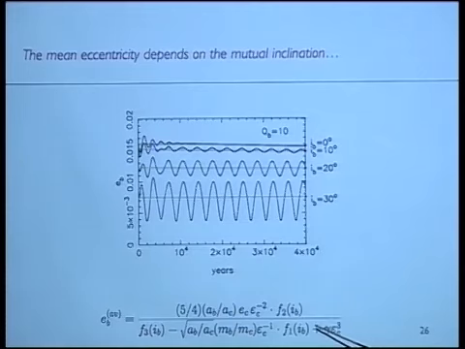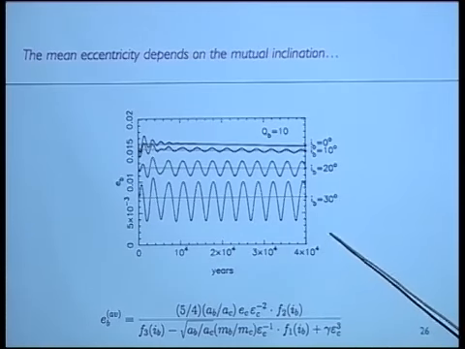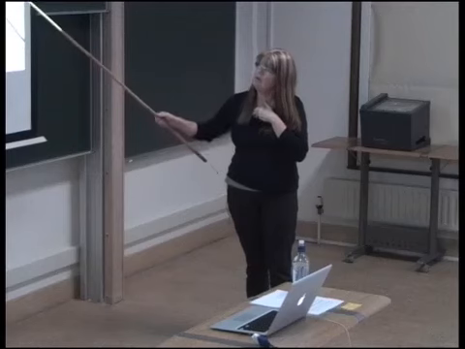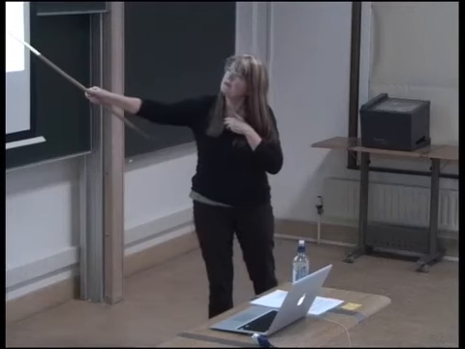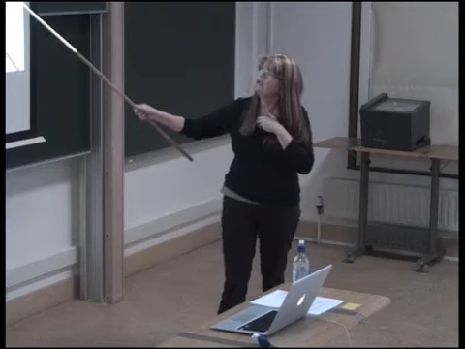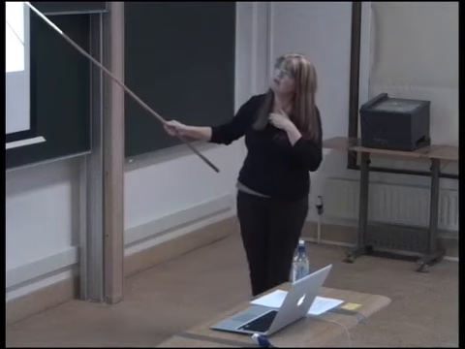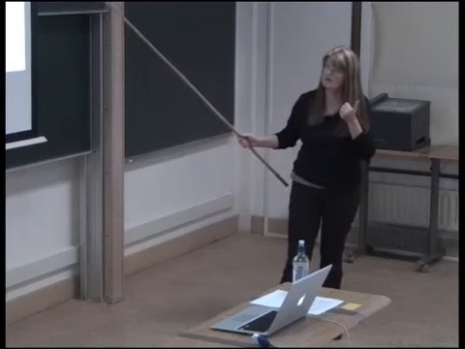And it's identical except for these inclination functions that appear here. I haven't bothered to write them down. They're just simple trig expressions, which reduce to 1 when the inclination is 0. But the average value of the eccentricity reduces as you increase the inclination. So that's the first thing to notice.